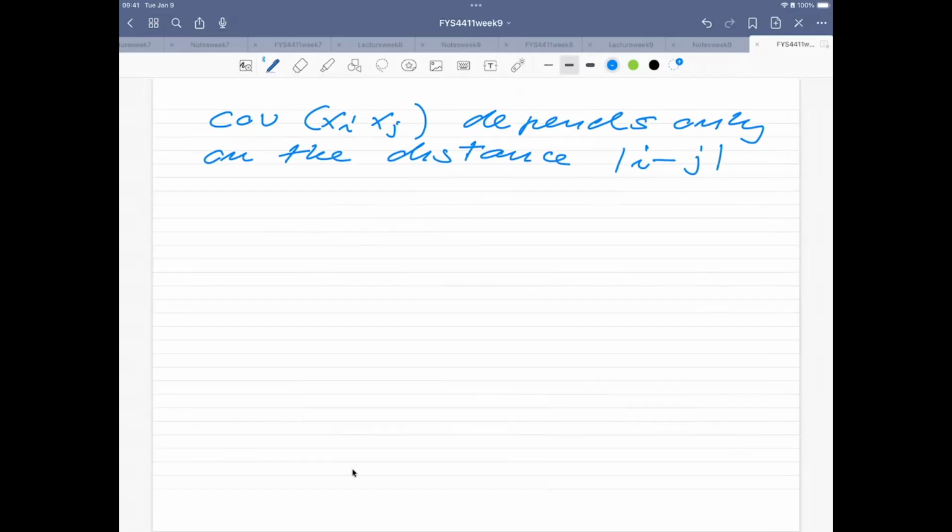So that means that this element which we wrote as a sigma ij, the covariance, is then a function which now is going to depend on i minus j. And what I'm going to do now is simply to write this as a function c, just for shortening the notation here, right? So this is going to be a function which depends only on this distance.